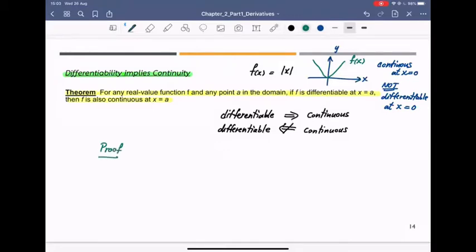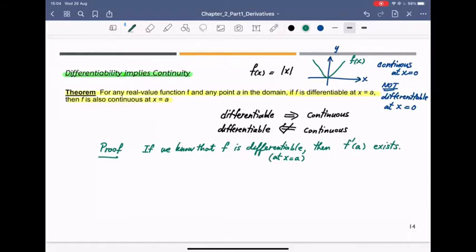So if we know that the function f is differentiable, then f prime a, I mean at x equal to a, exists. After that, consider the limit of f(x) minus f(a) as x goes to a.